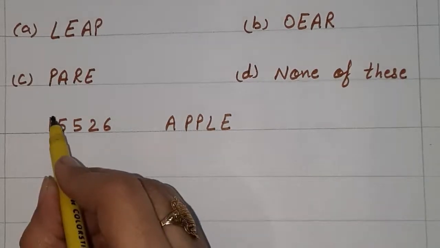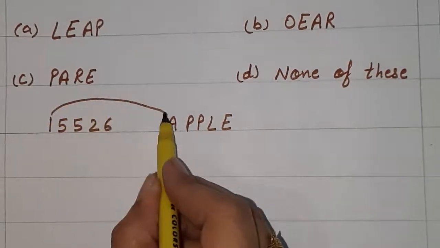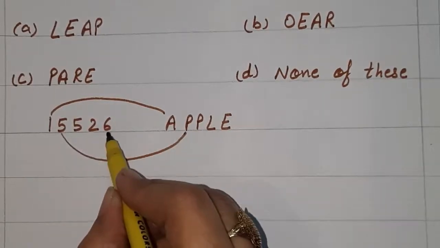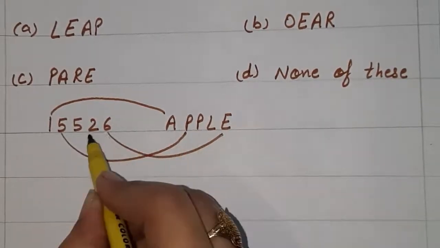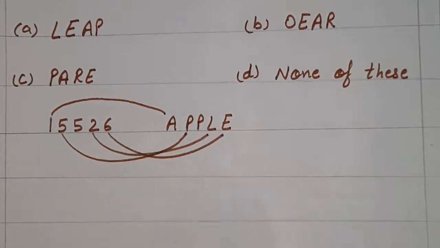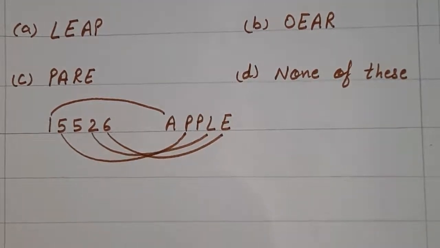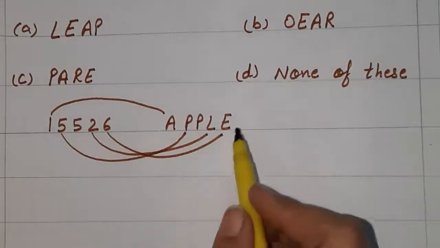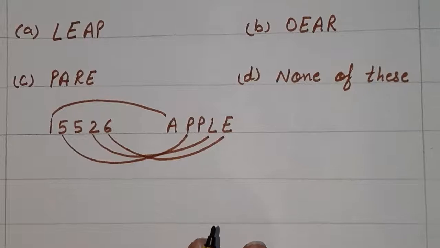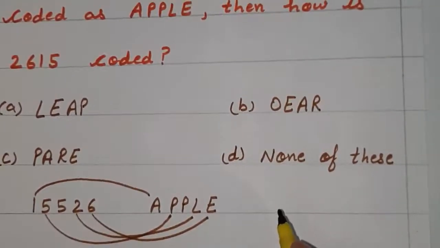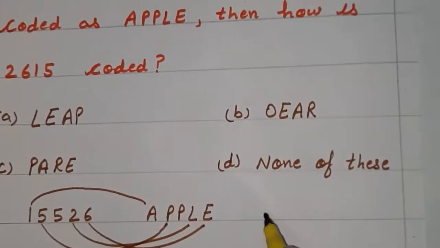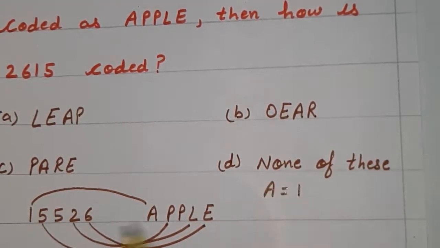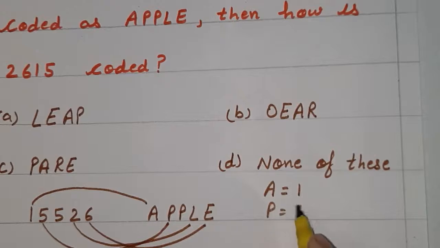Now 1 is written as A. 5 is written as P. 6 is written as E. And 2 is written as L. Here 5 is repeated and P is repeated. So what we have got? A is 1. P is 5.